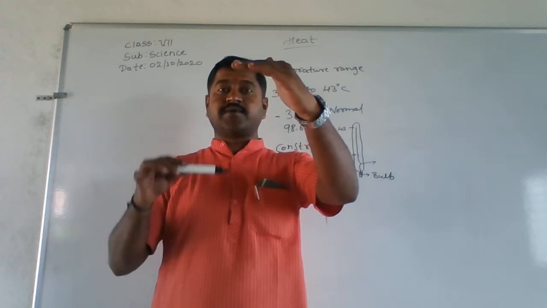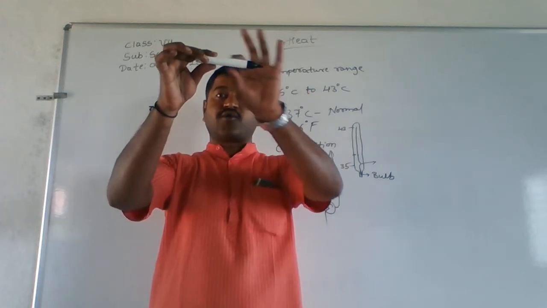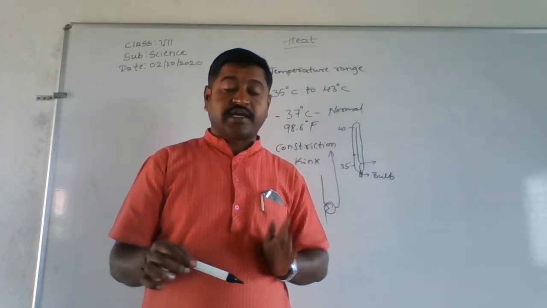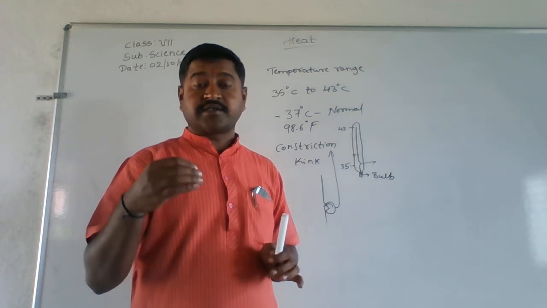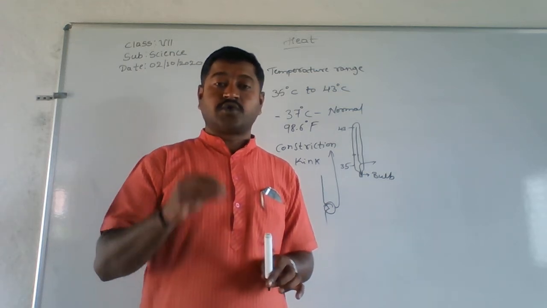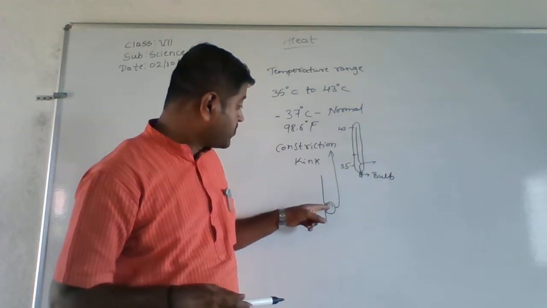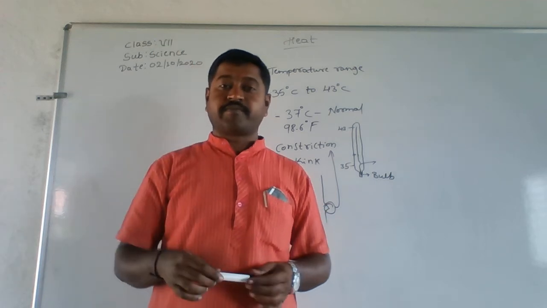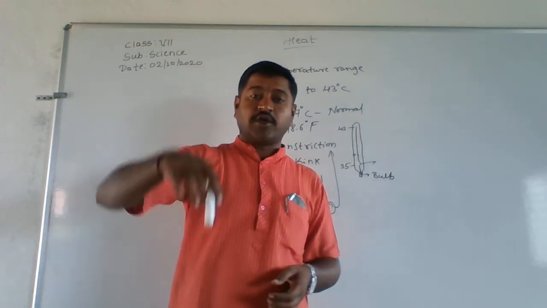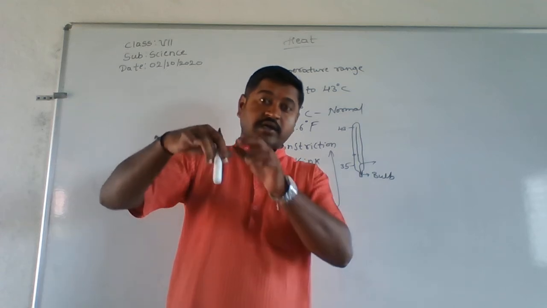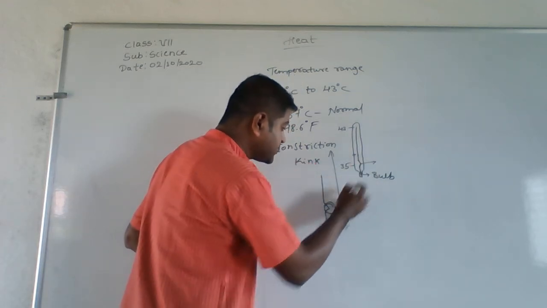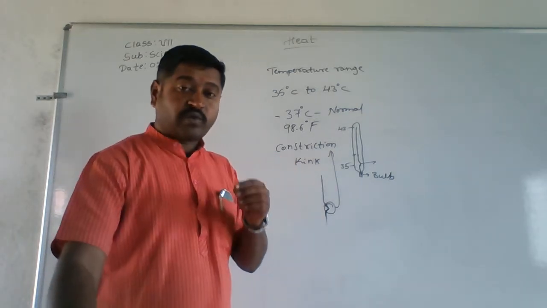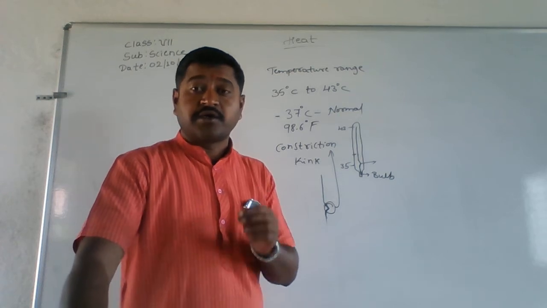If this is my parallel eye vision, then I have to face it here, then read. So before reading, if the mercury drops, we cannot see what your exact temperature was. To avoid that, there is a kink, or this bent portion, so that after reading the temperature, the doctor will shake it like this, right? So that it drops from this and comes back to normal. So this is why there is a constriction or kink in the clinical thermometer.